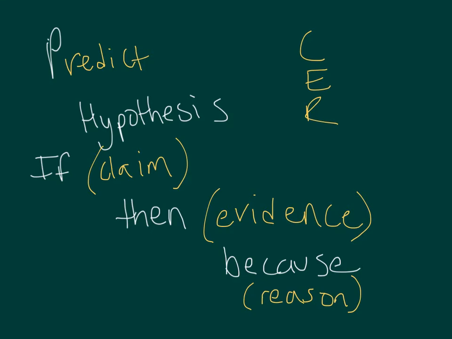So our prediction should be an if, then, because statement, because that matches up with claim, evidence, and reason. You'll hear more about this in our class as we do more experiments, as well as in your English class, where they're looking at things like argument and logic. We'll also touch on this when we talk about controversial topics, such as stem cell research and things like abortion that may be socially charged, where we're looking for evidence, as well as things like evolution.